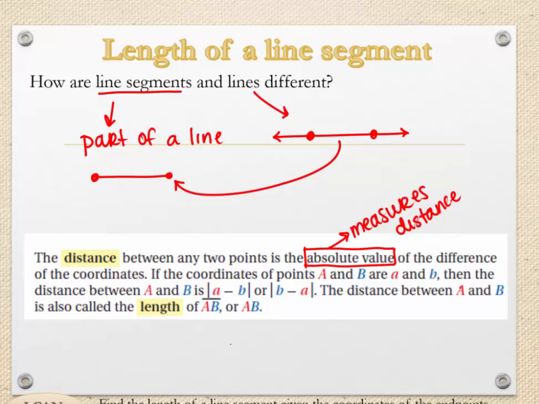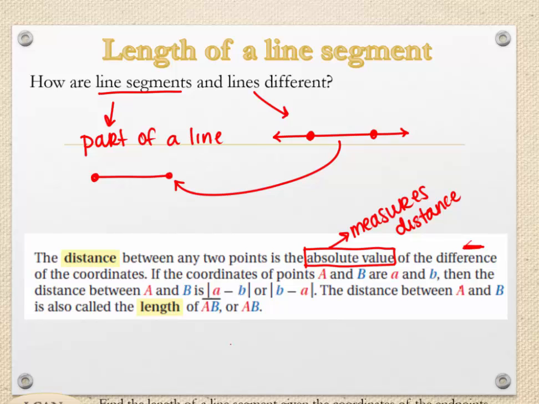So if we find the difference, which remember means subtraction, of two points and it's negative, we really don't care that it's negative. We just want to know how far the distance is. So if the coordinates of points A and B are a and b, then the distance between them is a minus b, or b minus a, as long as we take the absolute value. The distance between them is also called the length.